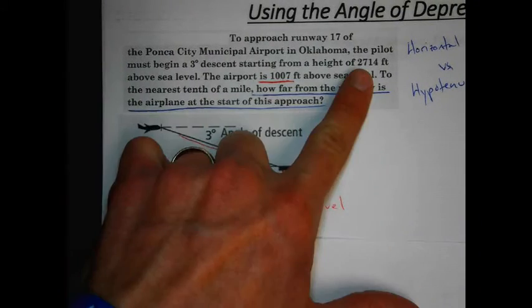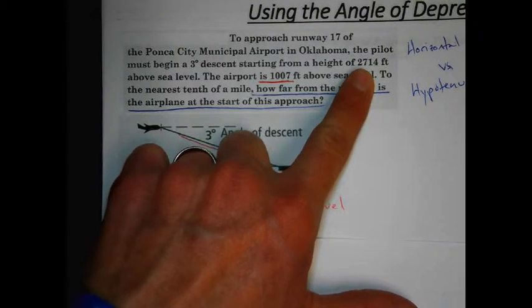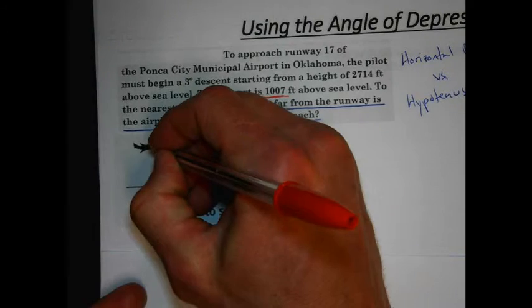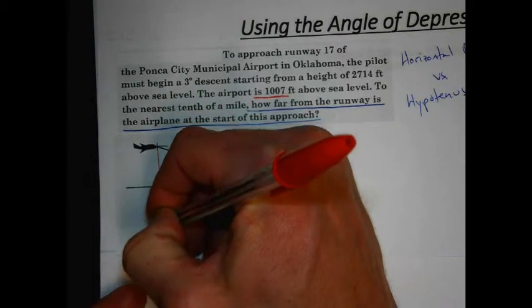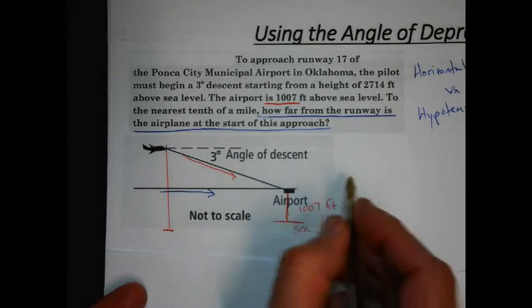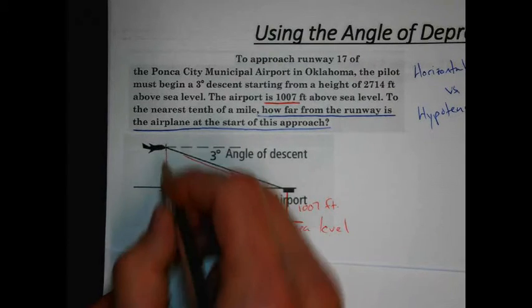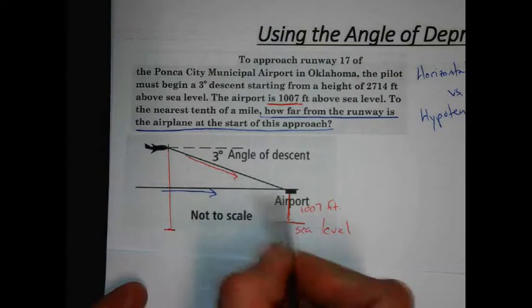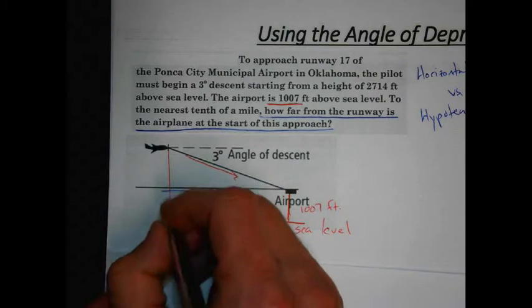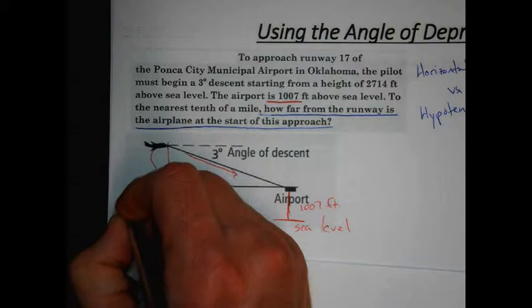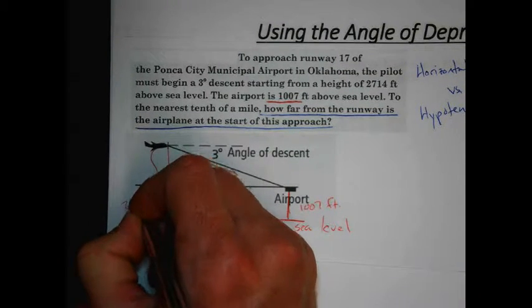Because the height of the airplane right now is 2,714 feet above sea level. So the airplane itself is not 2,714 feet above the line of the airport. It's above sea level, right? So the whole thing is 2,714.